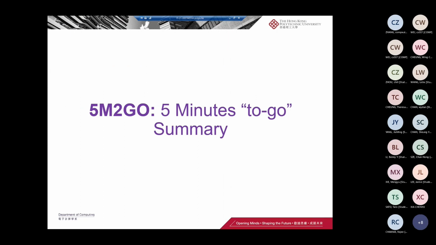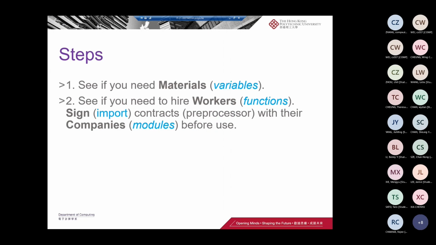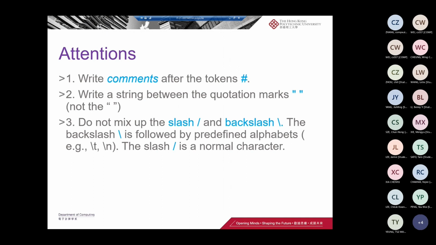And here is 5 minutes to summarize what happened today. To program, every time you have to see if you need variables and see what kind of workers you need, that means the functions you need. You have to import, or sign a contract with the company, that is, import modules before you can use them.